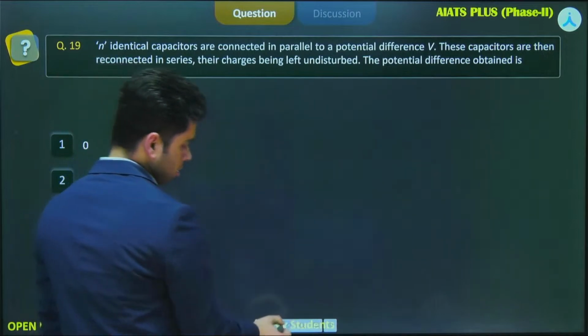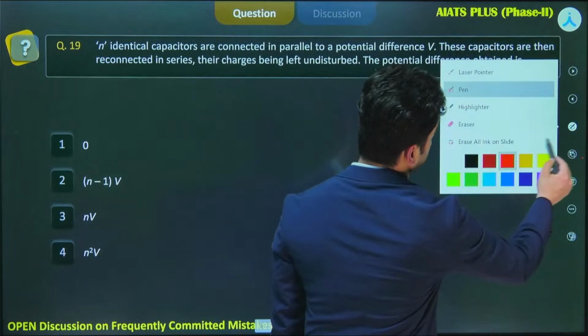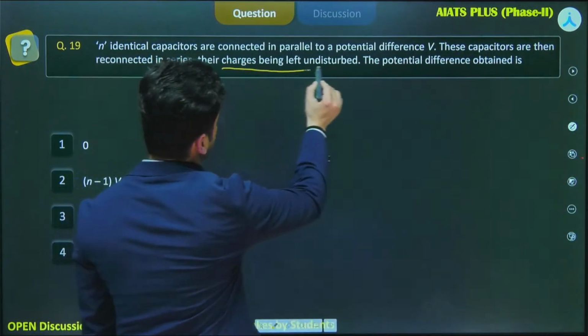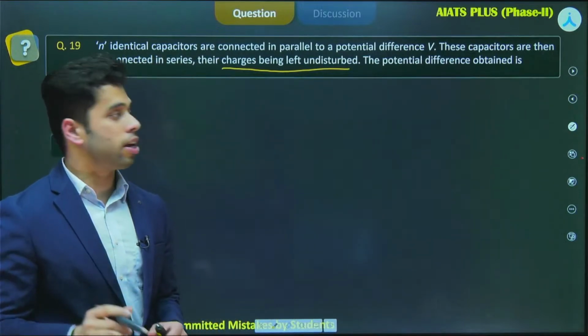So the key point, or the keyword I say over here, would be that the charges are being left undisturbed. Okay, so we need to find the potential difference obtained.